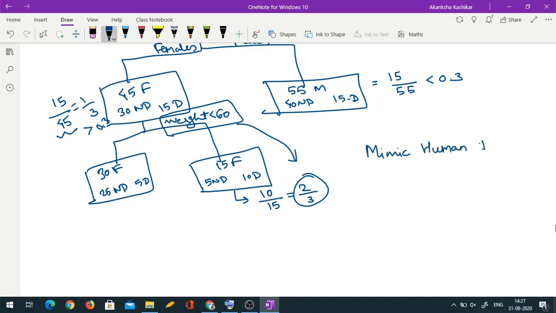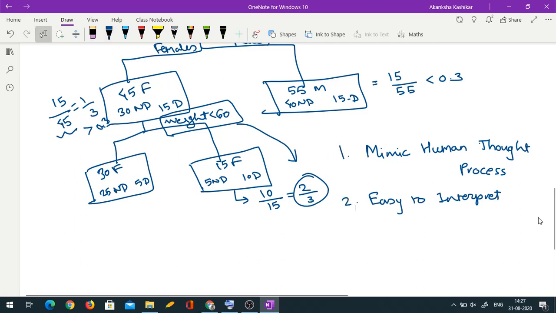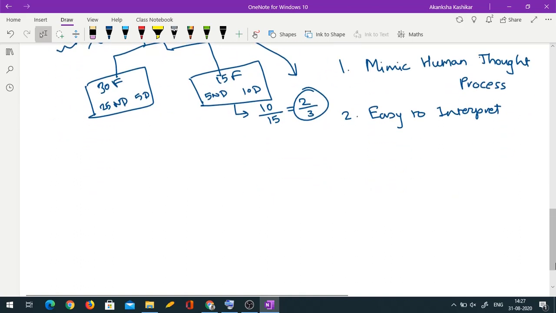That is one of the advantages. And the second advantage is they are very easy to interpret. Hence, they are widely used, especially in biostatistics domains, because doctors find it very easy if things are interpretable.